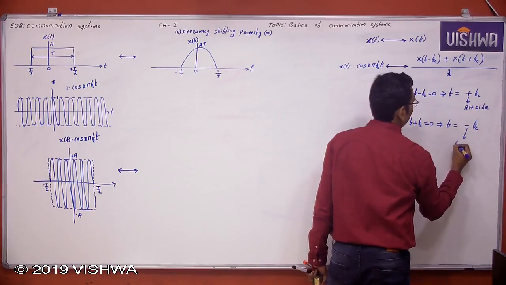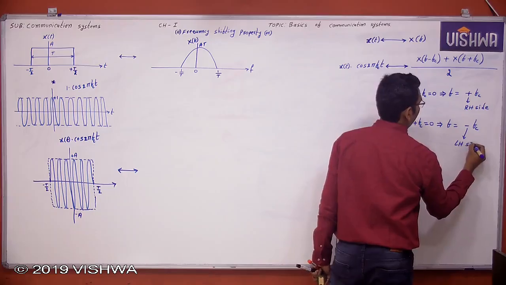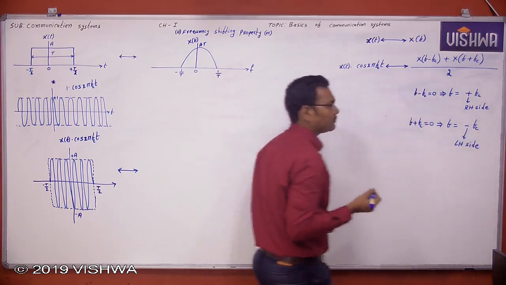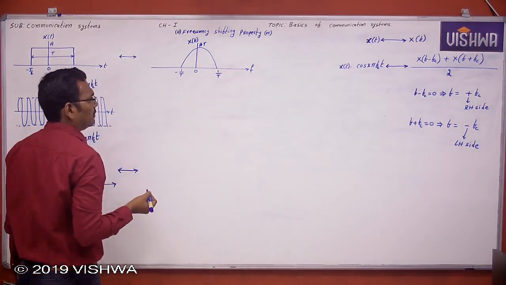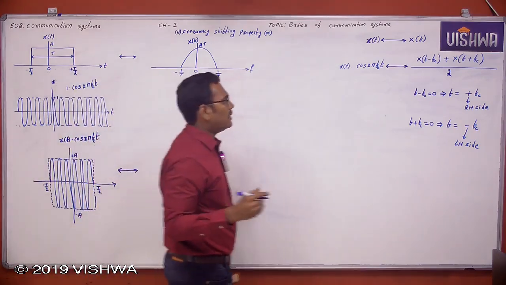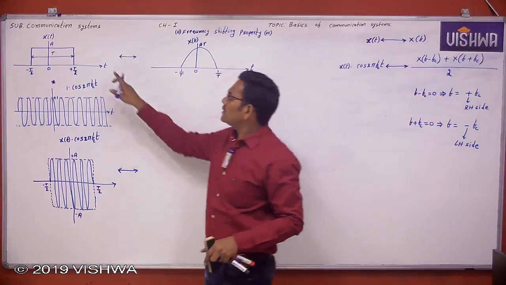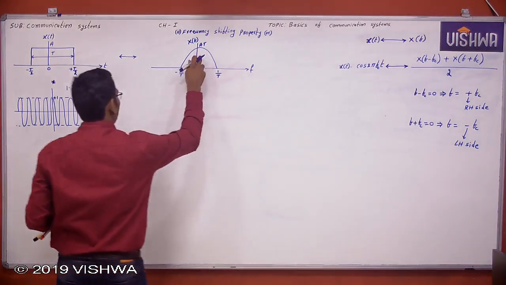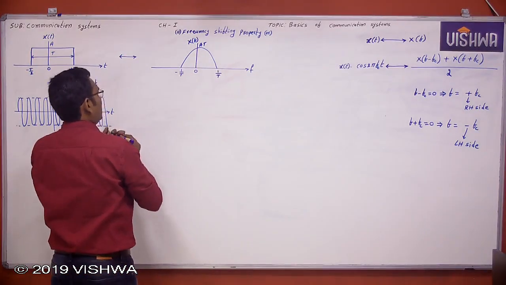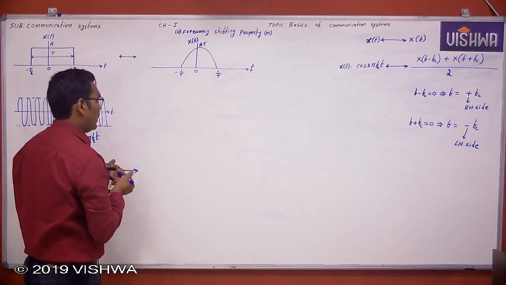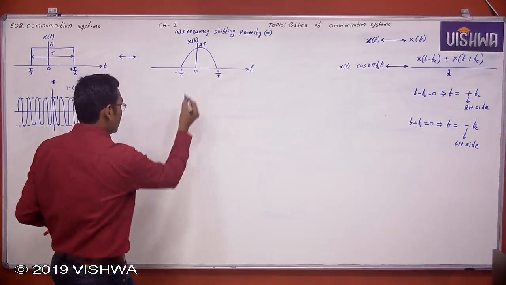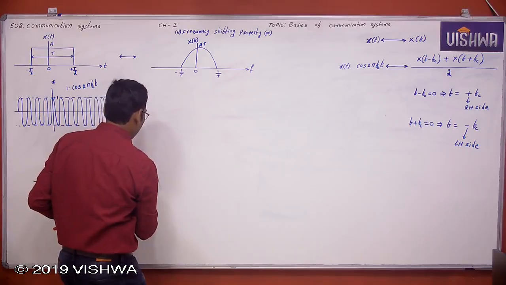Minus means left hand side. Now see here, which is left hand side, which is right hand side? This X of f is a signal in frequency domain. Now this spectrum X of f is shifted to the right side, and this X of f is shifted to the left side.